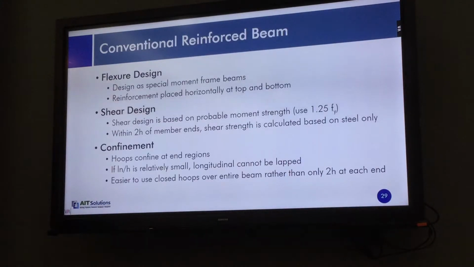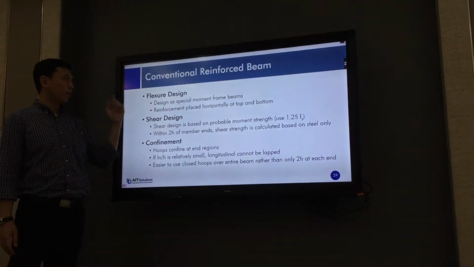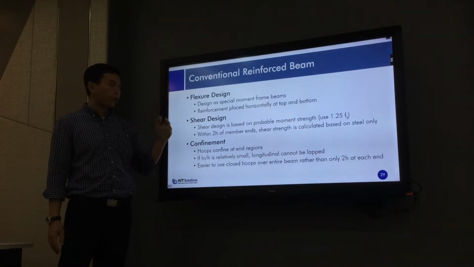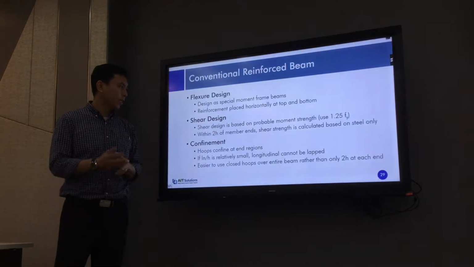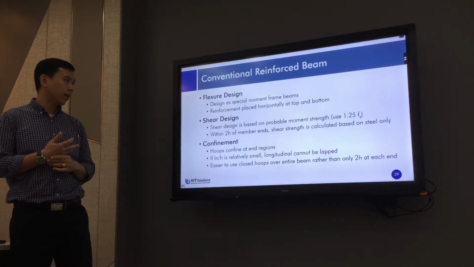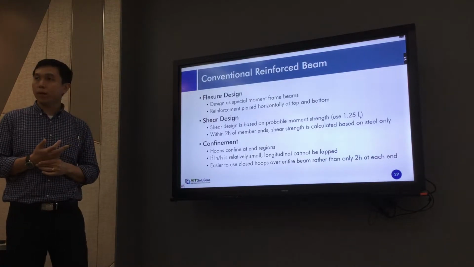For the conventional reinforced beam, we design the bending moment as a normal beam, like a special moment frame beam, and we have to provide longitudinal reinforcement top and bottom. For shear design, we have to design the shear to satisfy the probable moment strength.